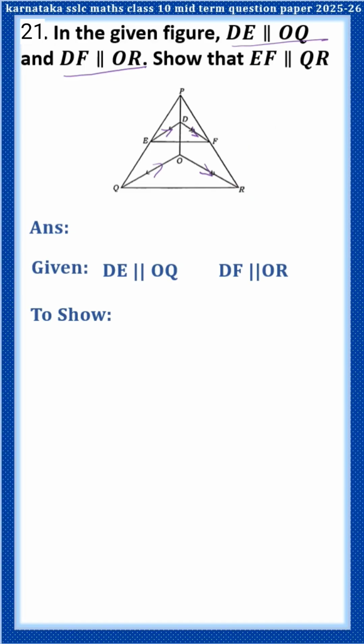What has to be shown here? EF, this one, EF is parallel to QR.